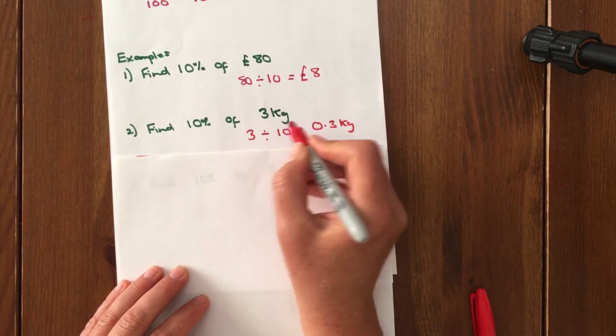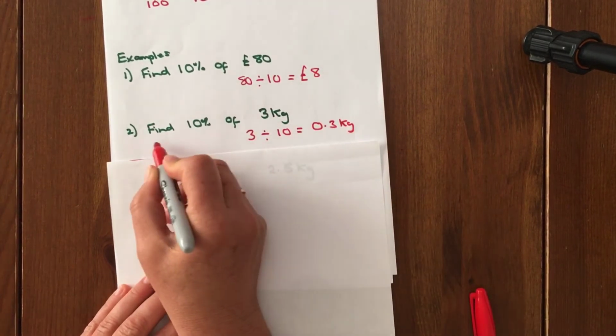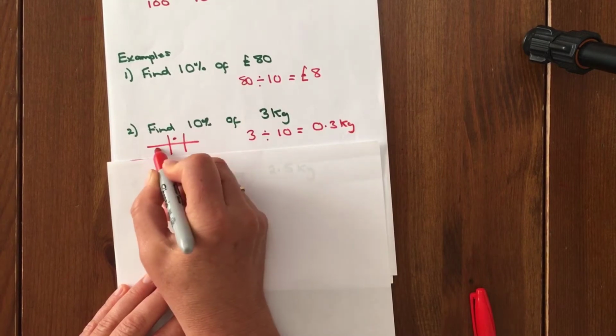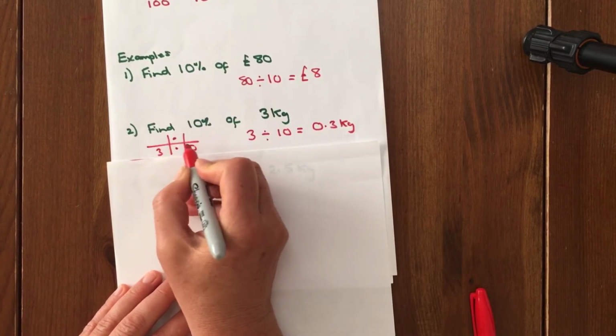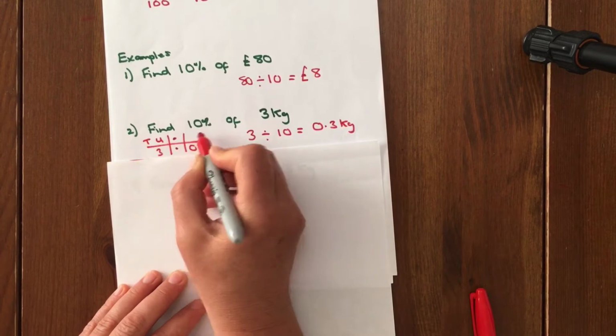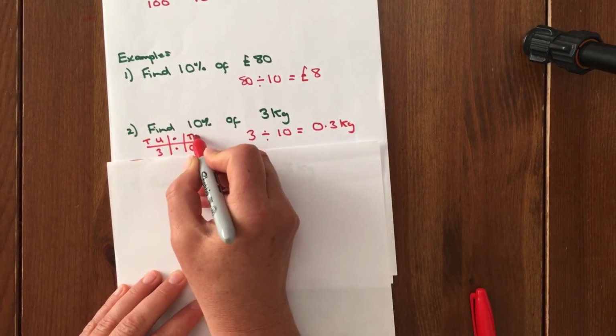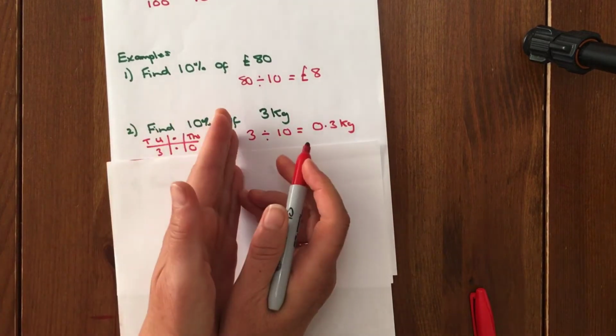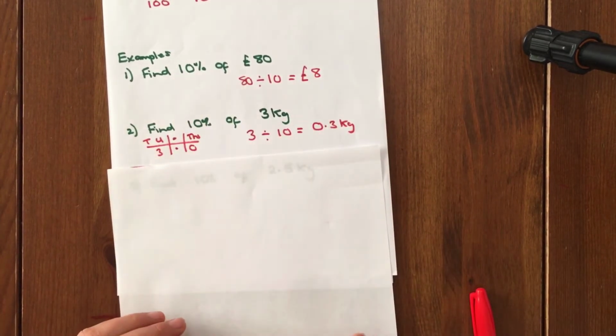Remember, when dividing, you would have 3.0. Remember, you've got units, tens, tenths. When you're dividing, all the numbers shift one place to the right to get 0.3.